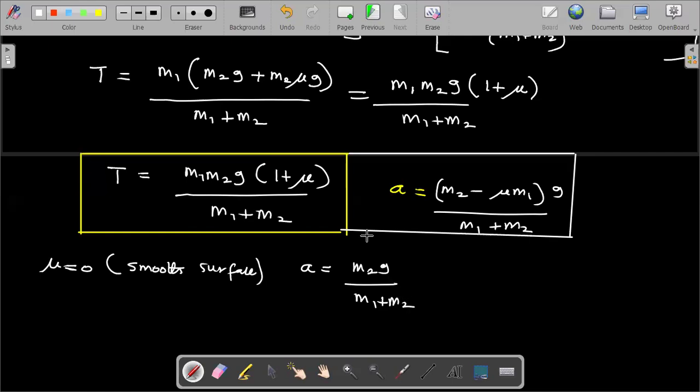Similarly, the tension also will reduce to m1 m2 g over m1 plus m2, by putting 0. If you put 0 here, you get this. So that is when the system is perfectly smooth.